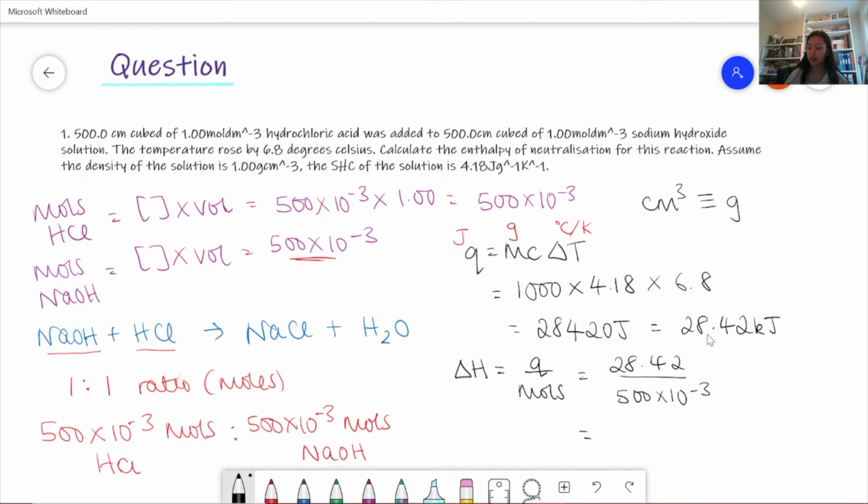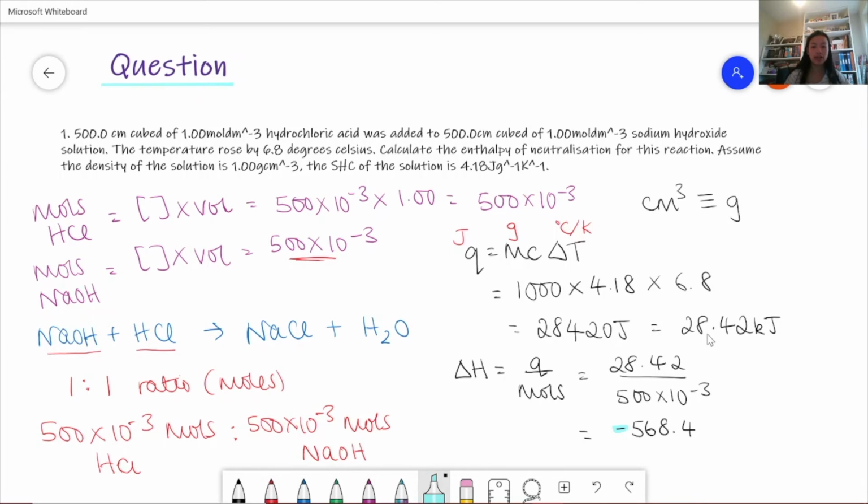And that gives us minus 568.4, because the minus here signifies that it's an exothermic reaction, so we definitely need to remember that.